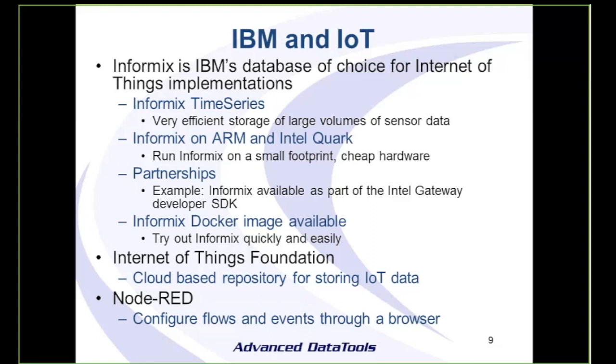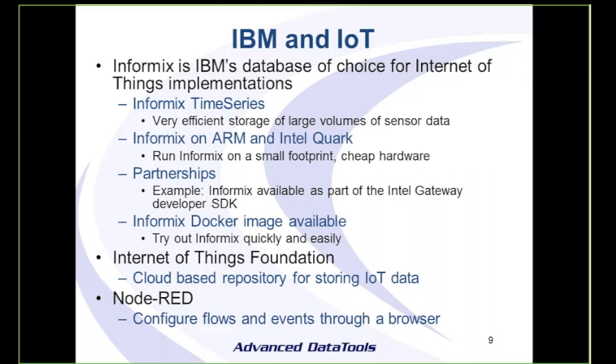One of the things so good about Informix is the time series, and I'll come on to this in the next webcast, but just very simply, it's a very efficient way to store large amounts of sensor data. You can run Informix on small footprint, cheap hardware, like an ARM processor, Intel Quark.